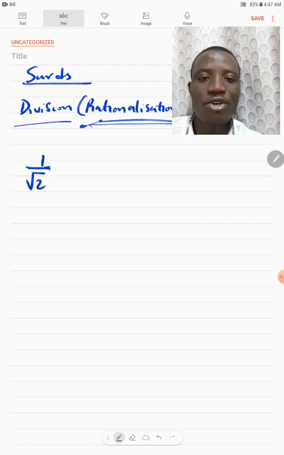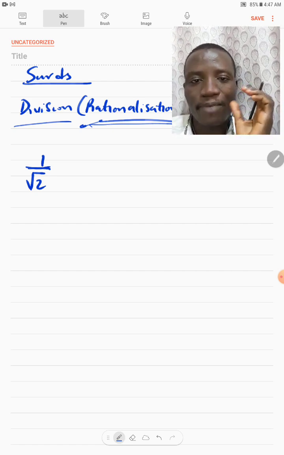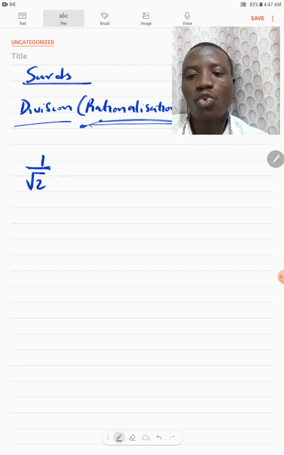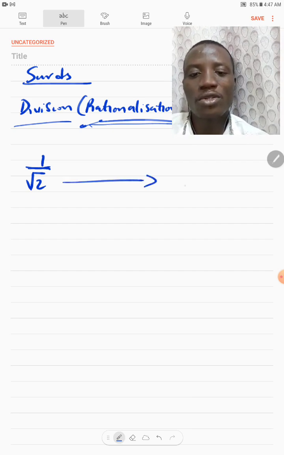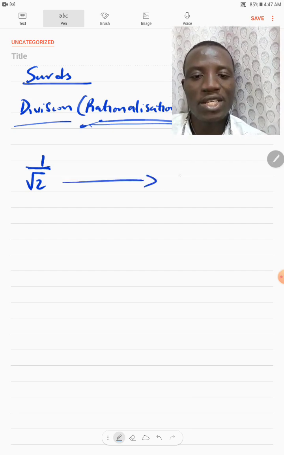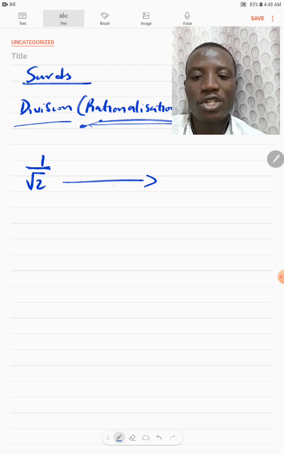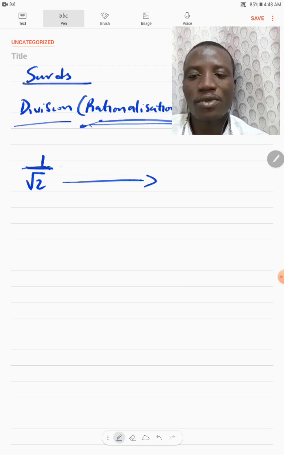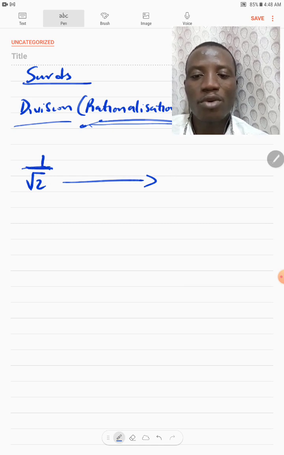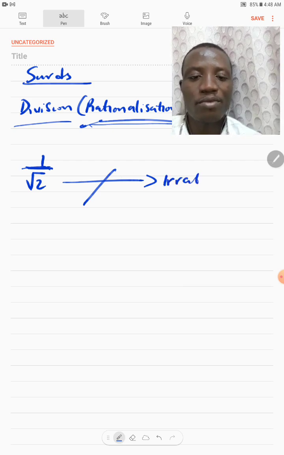answers are not written in surd form with the denominator being an irrational number. So in other words, you should not leave your denominator like this. Denominator must not be written in what? Irrational number.